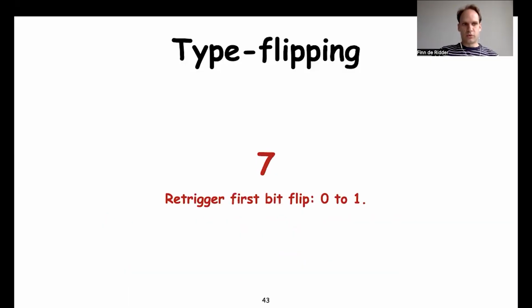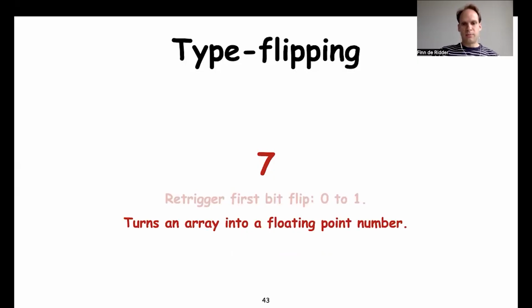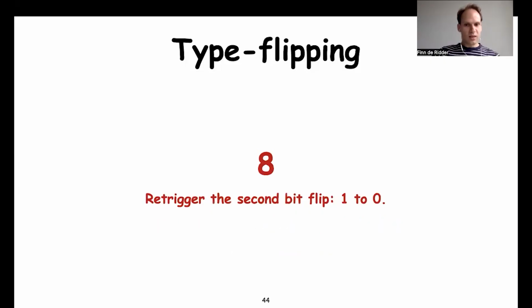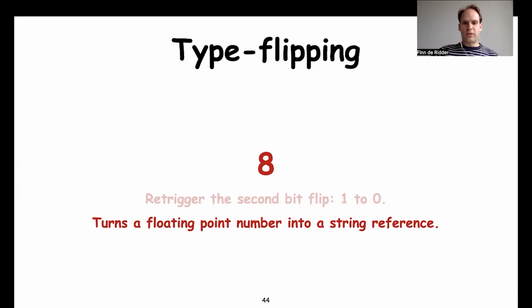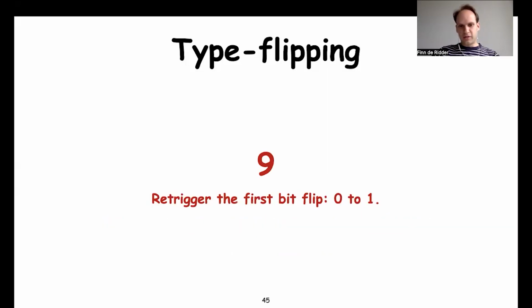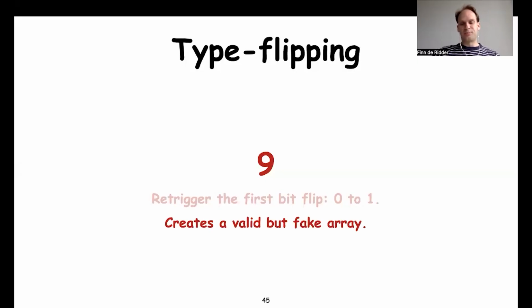Now it's actually time to use them. So now we re-trigger the first bit flip, which is the 0 to 1 bit flip, and it turns an array into a floating point. Then we use the second bit flip, 1 to 0, that turns a floating point into a string reference. Again, the first bit flip, the 0 to 1 bit flip, so it's the same bit flip that we used the first time. And now there's of course some work that we need to do in between.